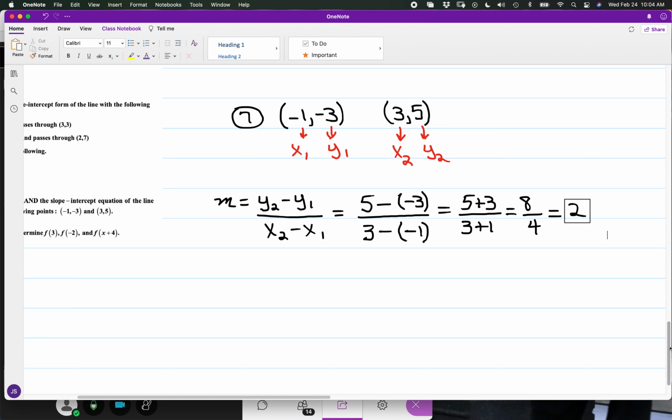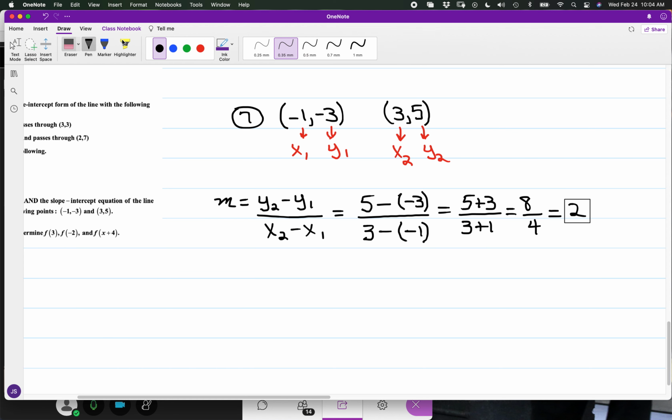Now for the slope-intercept equation, you can choose either of these 2 points for x1, y1 in the point-slope setup.